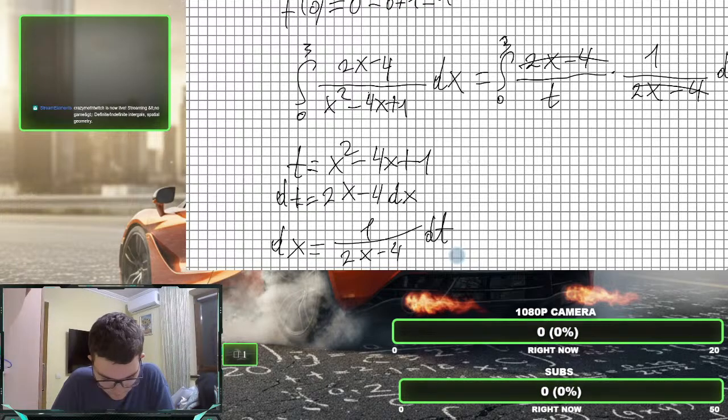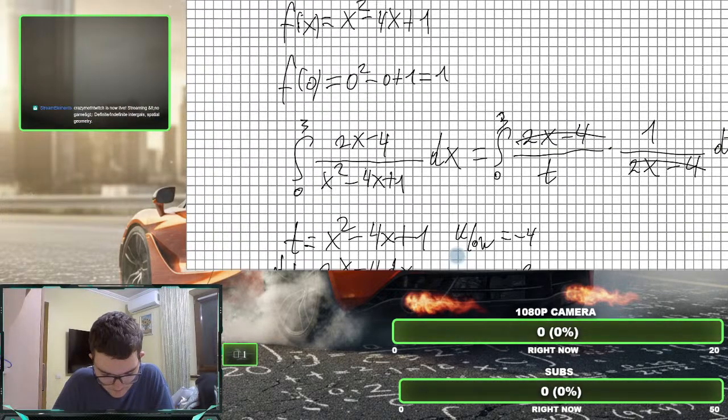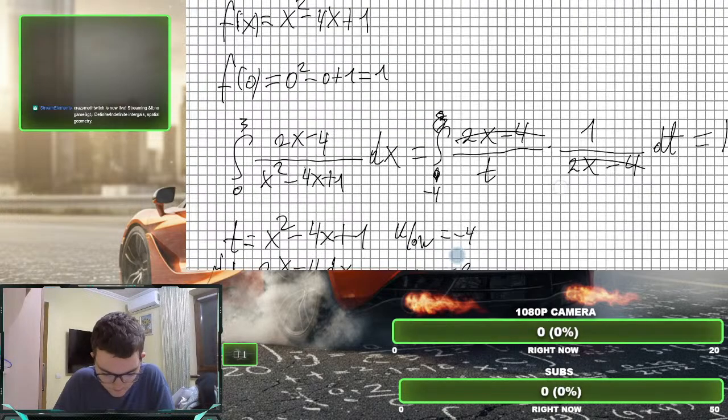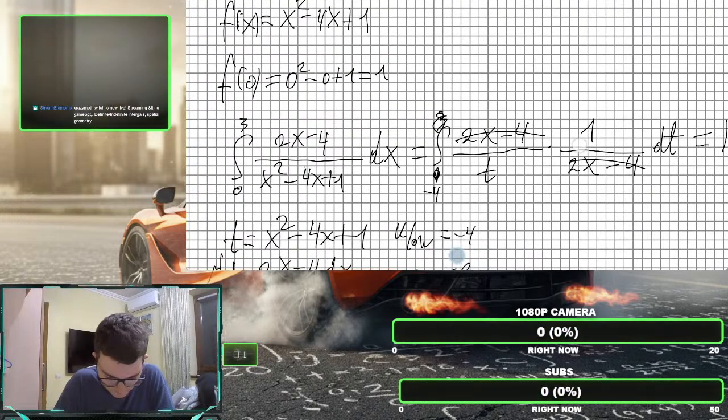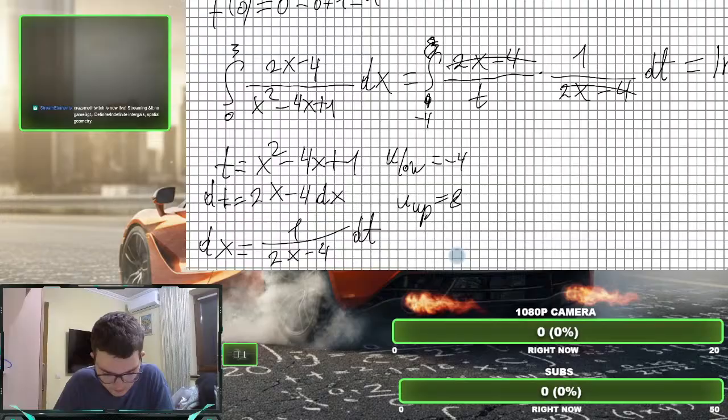Well, the lower limit will be 2 times 0 minus 4, which is just minus 4, and the upper one will be 12 minus 4, which is 8. So here I have minus 4, here I have 8, and now I just have to essentially do it.